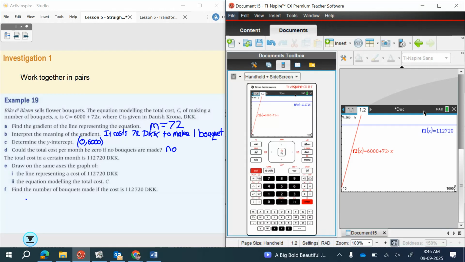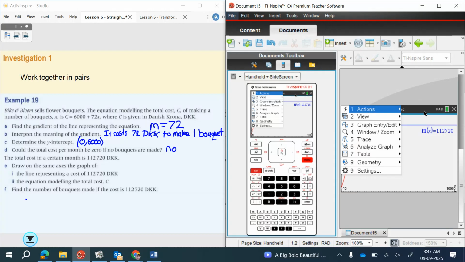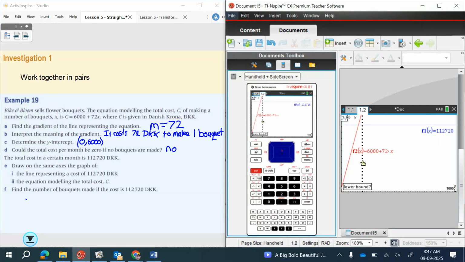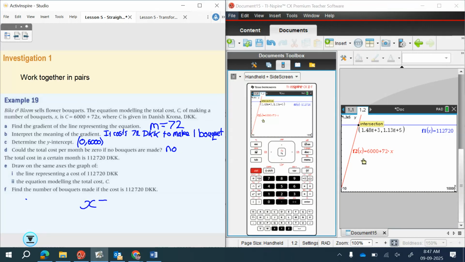So we've drawn the graph, and we need to find the number of bouquets made. So we need to find the intersection of these two. I'm going to analyze the graph, choose intersect, scroll backward, click here, click there. Look at the number here. What is our x value going to be?